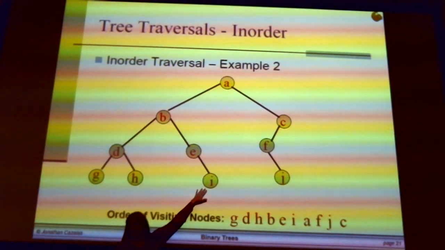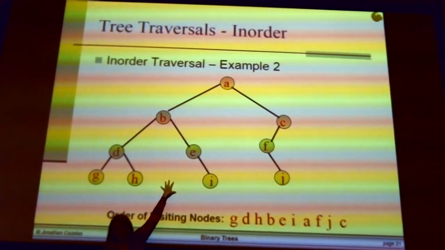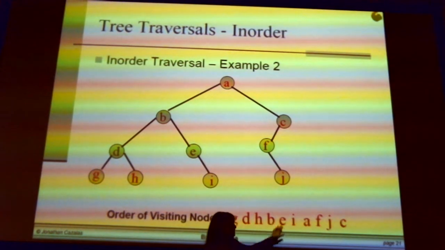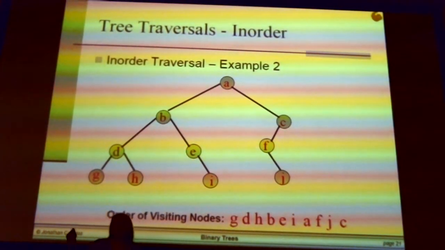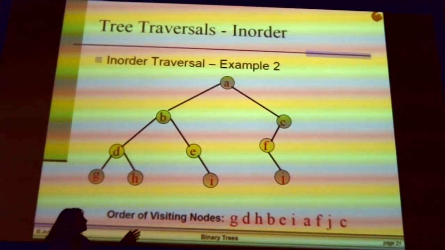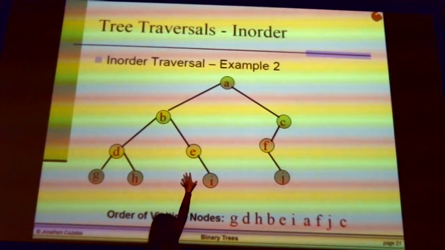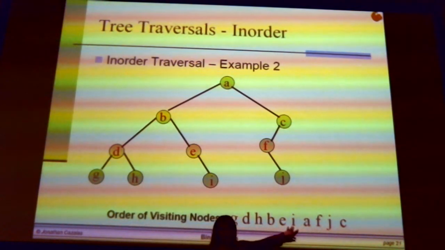Correct? But there's nothing here. There's nothing to print. That's why it goes from B to E, because there's no left child right here to print from E. So then we can print our missing left, our parent E, our child I, because you do the right.